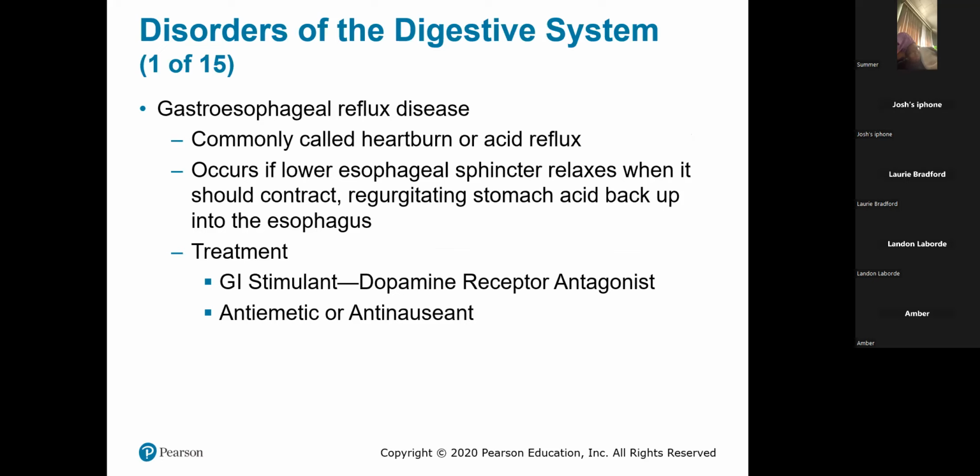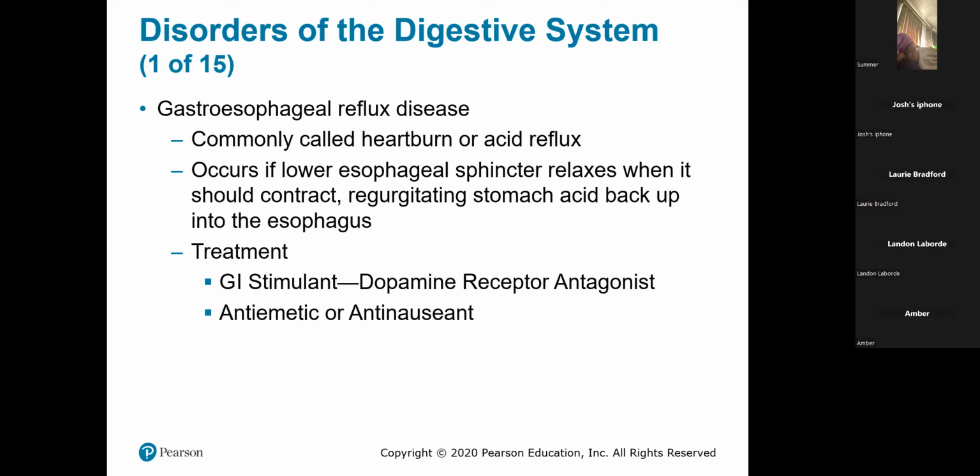So let's look at some of the disorders of the digestive system. The first disorder we're going to look at is GERD, or gastroesophageal reflux disease. This is also commonly called heartburn or even just acid reflux.